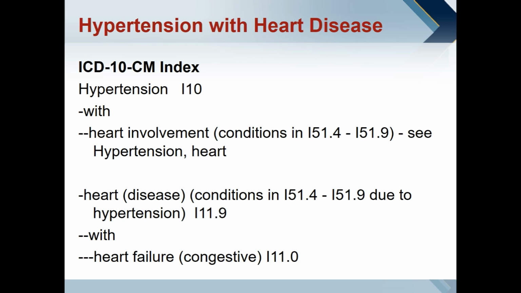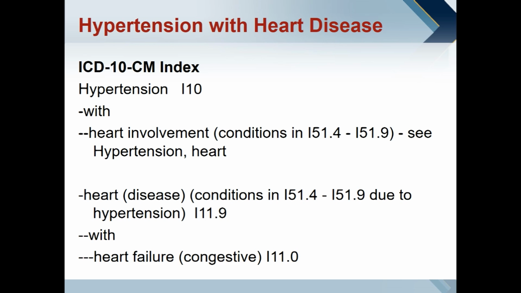There we see the instructional term, see hypertension heart. And down below, we have a snapshot of the index at hypertension heart, which shows us heart disease, and again, a rephrasing of I-51.4 through I-51.9 due to hypertension, and we should use code I-11.9. However, if that is with heart failure, we would then use I-11.0.